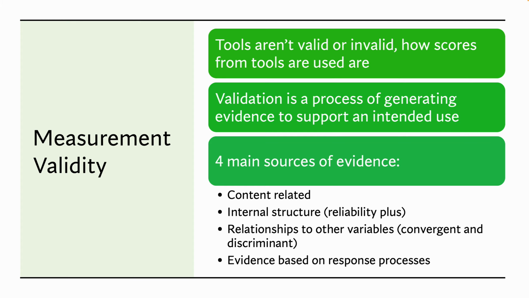They should actually be answering by working through the steps, and they should be able to repeat those steps to you by telling you how they worked through the response process. We use think aloud data to generate this type of evidence. So measurement validity is just another place where we have to support the argument that we want to use these scores to represent the construct that we plan to have it represent.